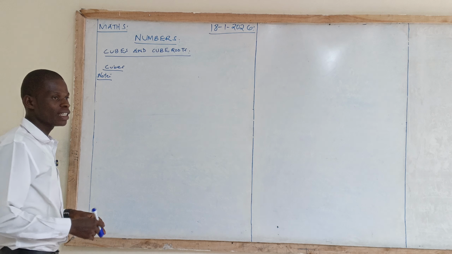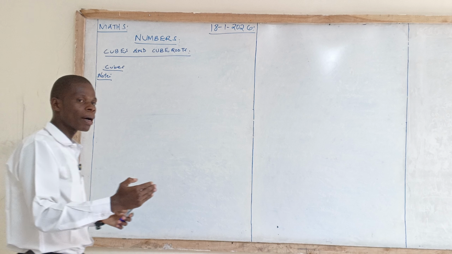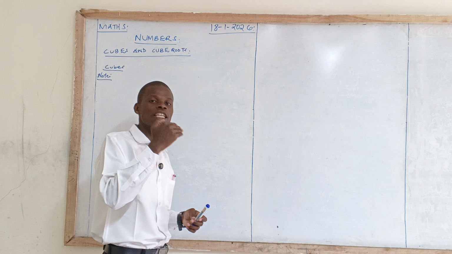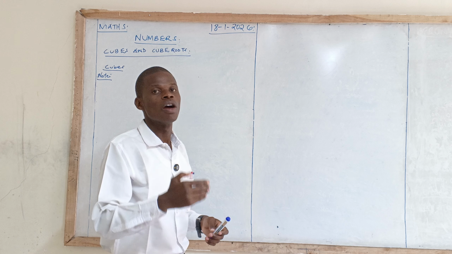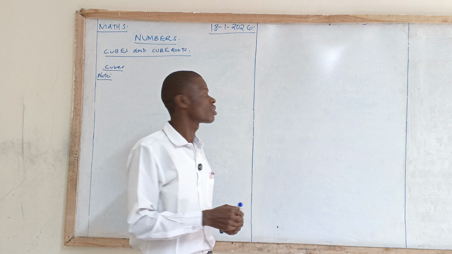We need to understand that a cube of a number is that number multiplied by itself 3 times. Or a cube of a number is found when the number is multiplied by itself 3 times.